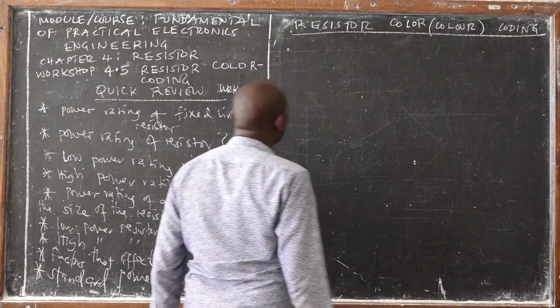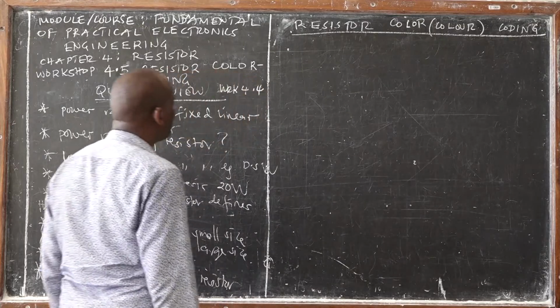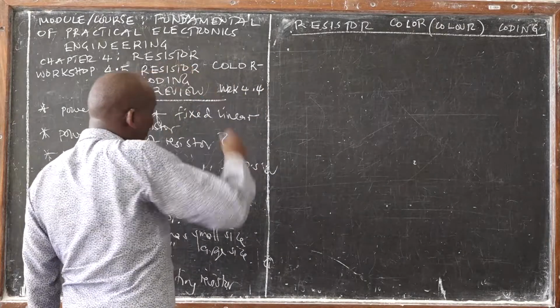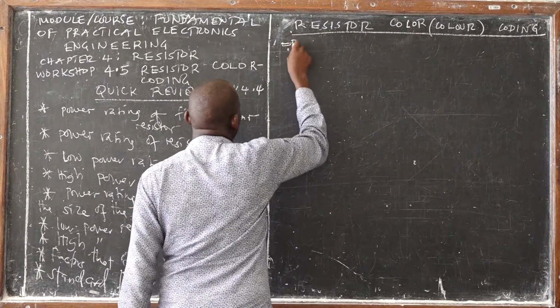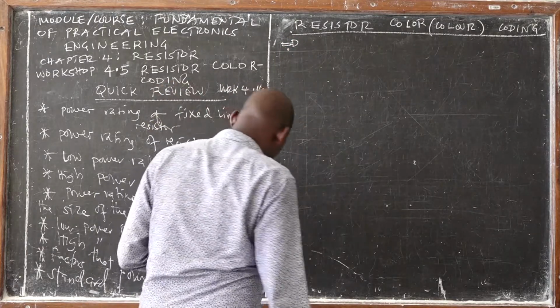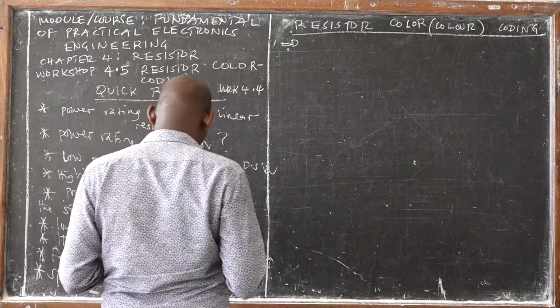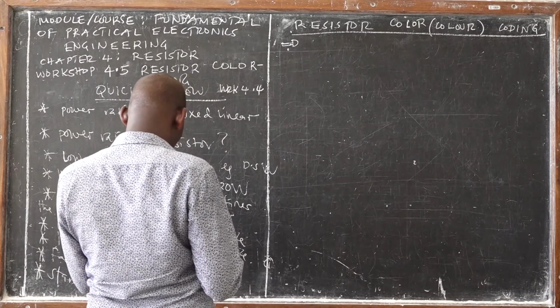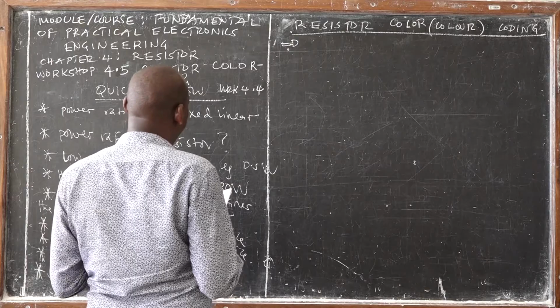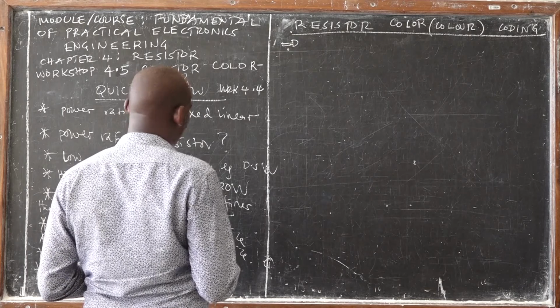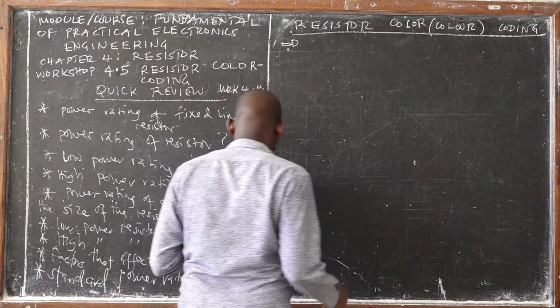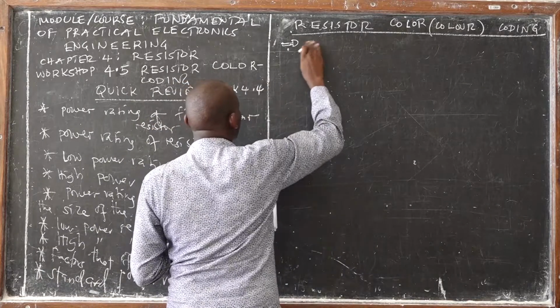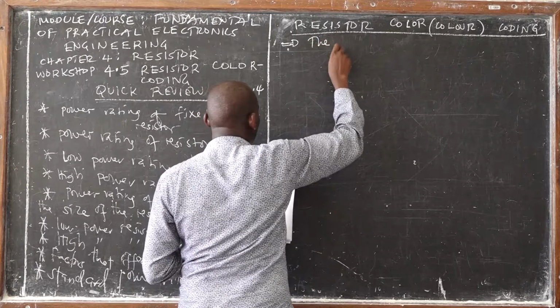Before we define the meaning of resistor color coding, let us just illustrate where it comes from. Here is the problem, or the origin.